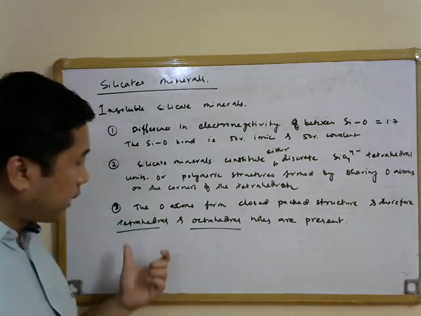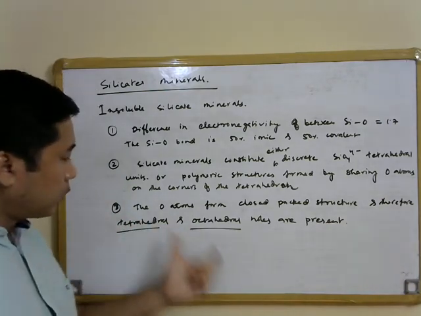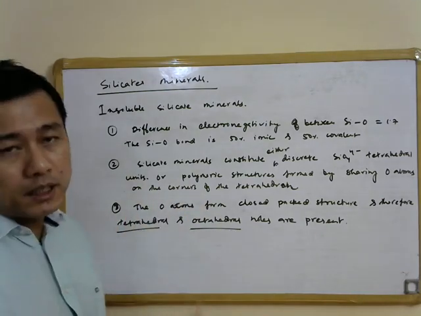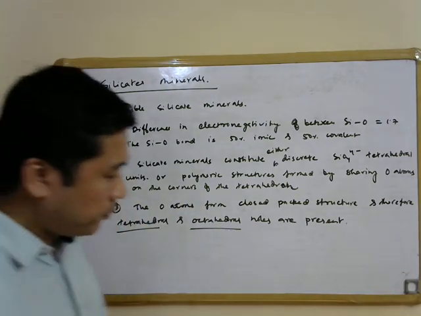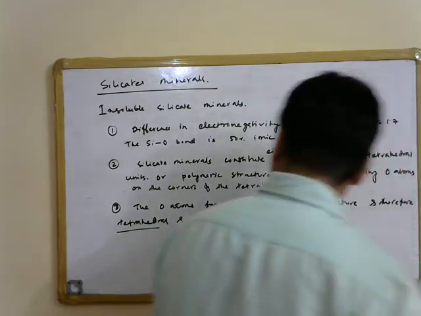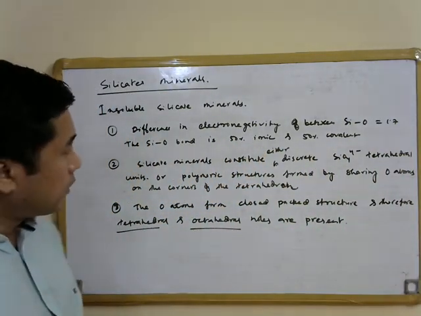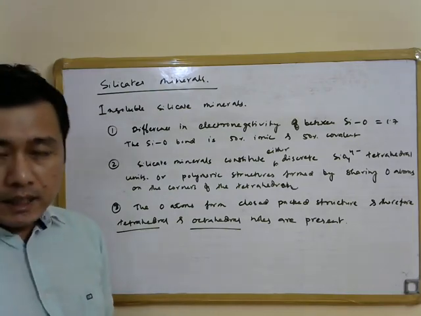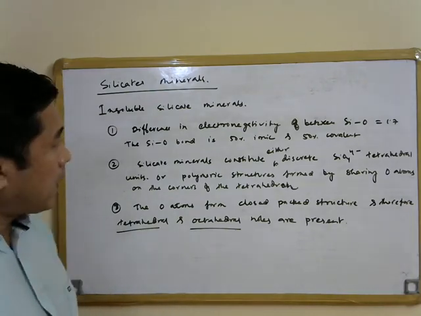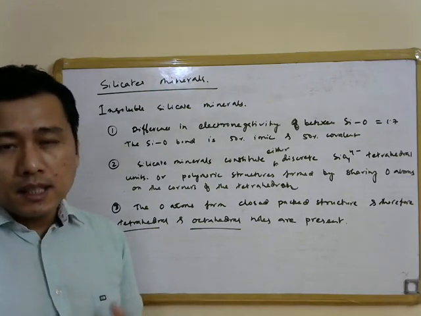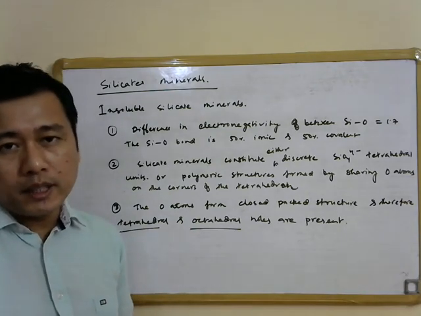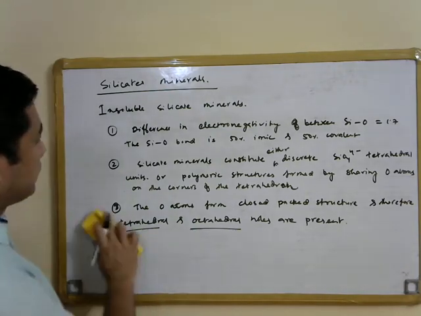But they cannot switch between the two types of holes. So these are some of the key points that we can learn by looking at the structure of the silicate minerals. Now we will see how we can classify these silicate minerals based on their structures.